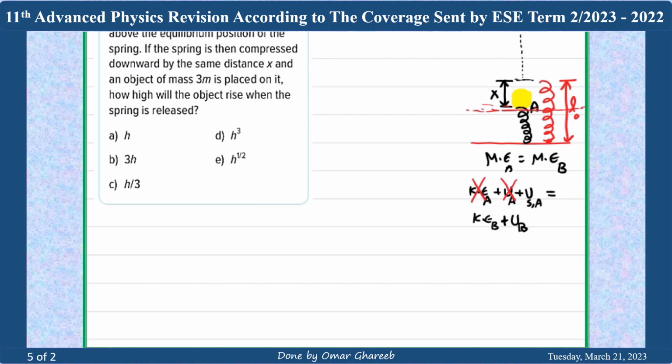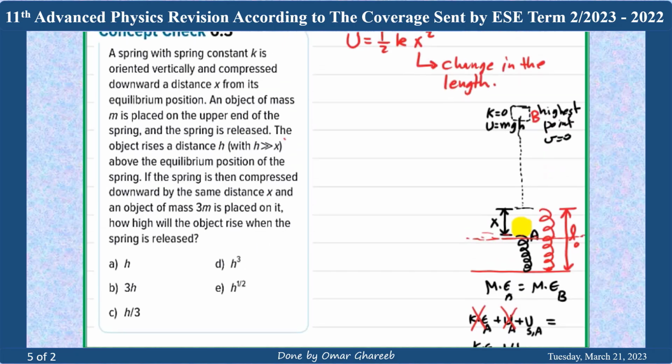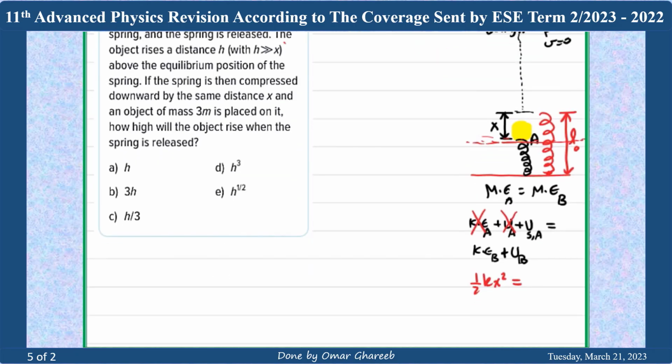We are left with only the potential energy by the spring, which is 1/2 kx squared, equals the kinetic energy at B, which is the highest point, is 0. We are left with the potential energy at B, which is mg times (h plus x).